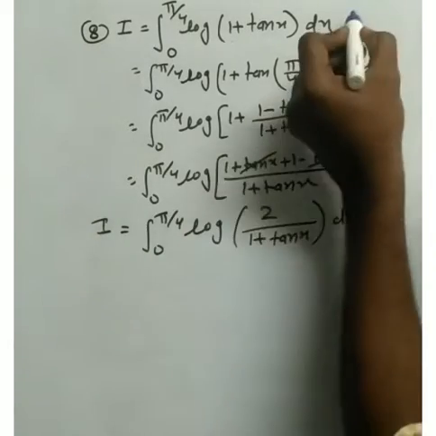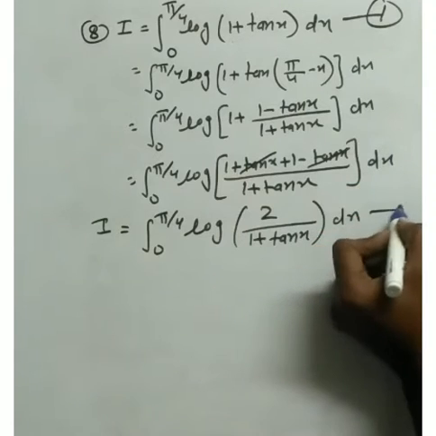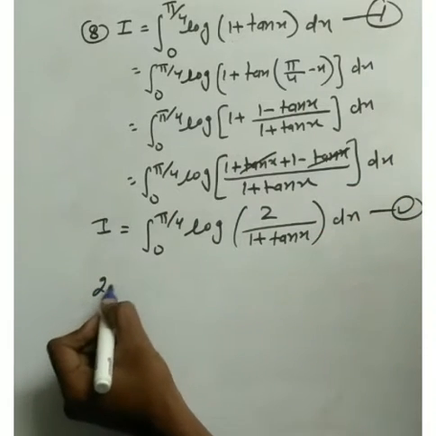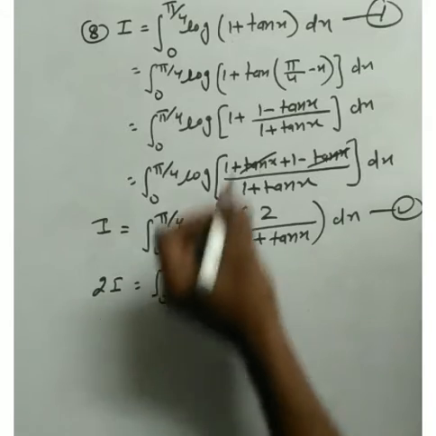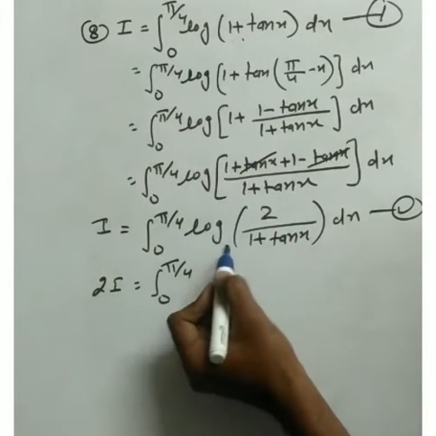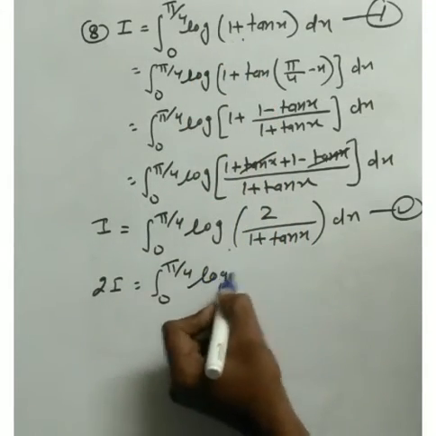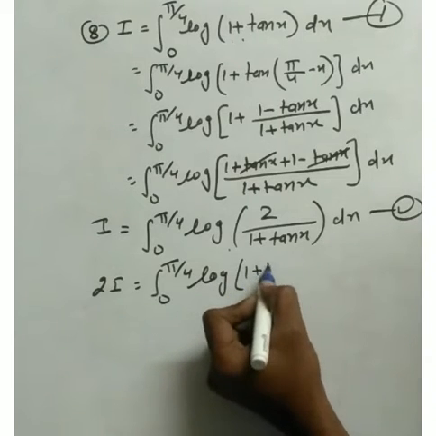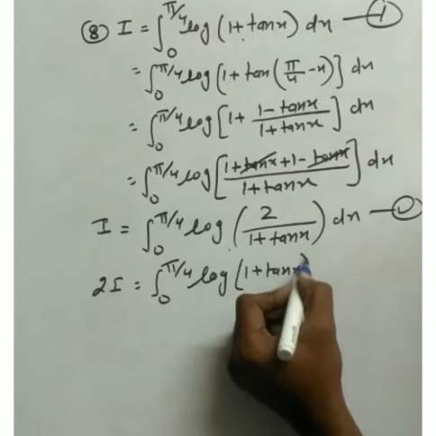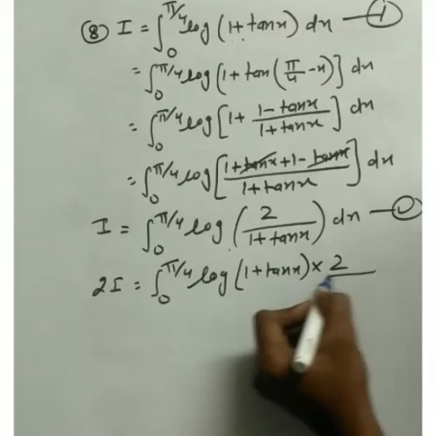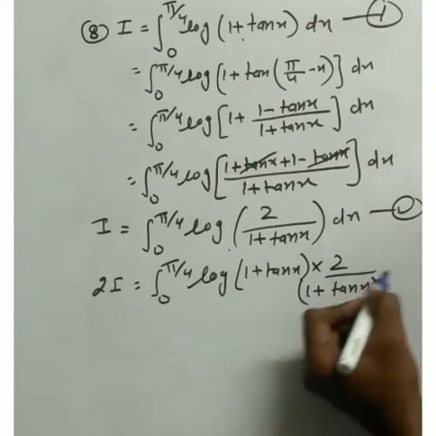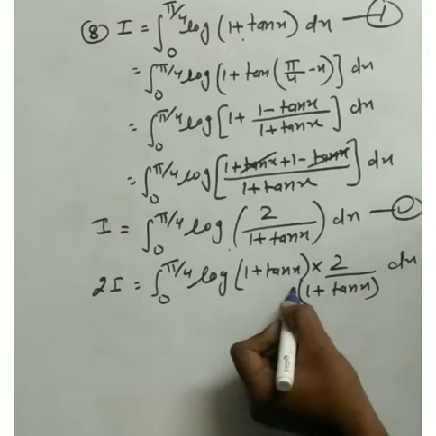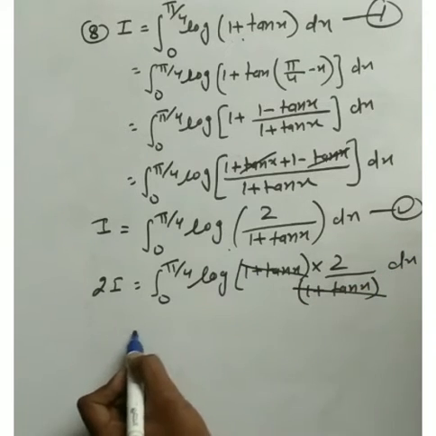Now we have to add the first and second equation. 2I is integral from 0 to pi by 4 of log a plus log b. Log a plus log b will be log of a into b. b means 1 upon 1 plus tan x, and dx. These two are cancelled.